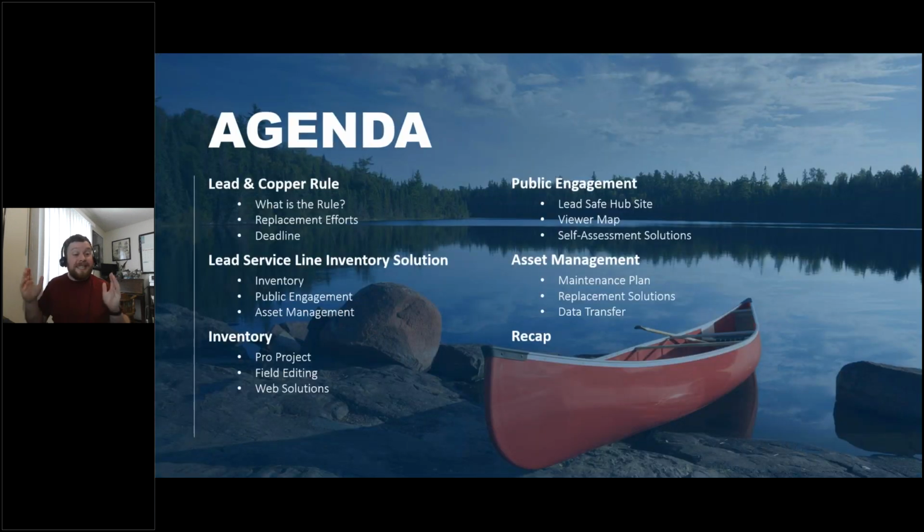All right, so the agenda: what are we going to be talking about today? Obviously we're going to be going over the lead service line inventory solution, but we're going to kick things off with the lead and copper rule, because there are some very important reasons why we're discussing this solution today. Then we'll do an overview of the solution as a whole, breaking it down into three pieces: inventory, public engagement, and asset management.